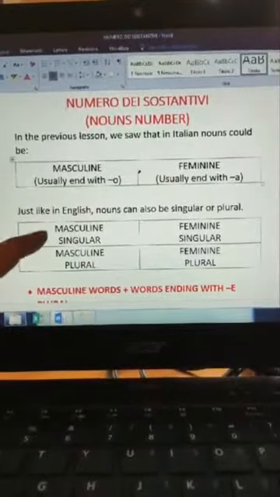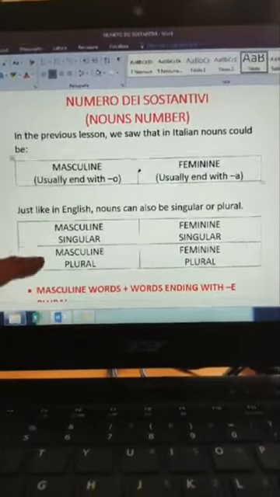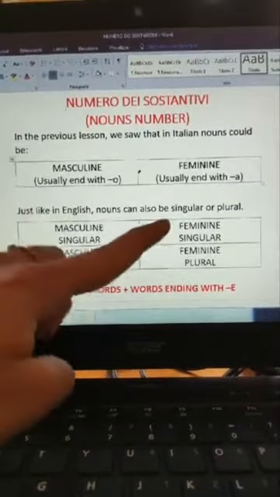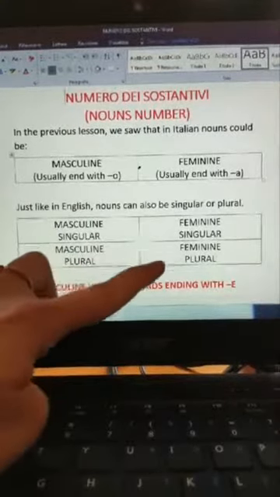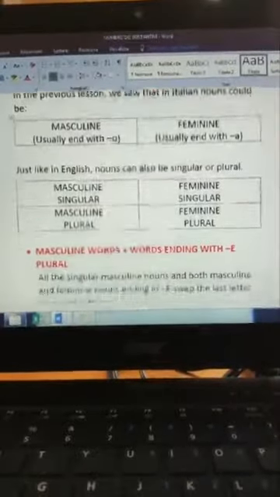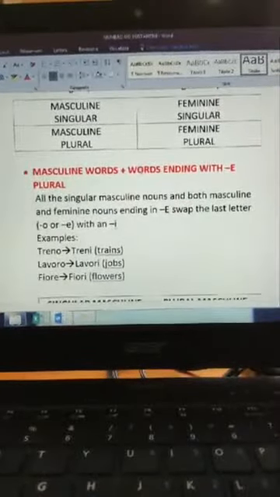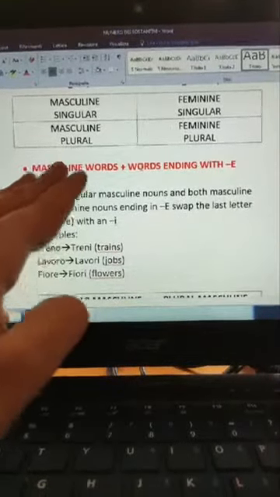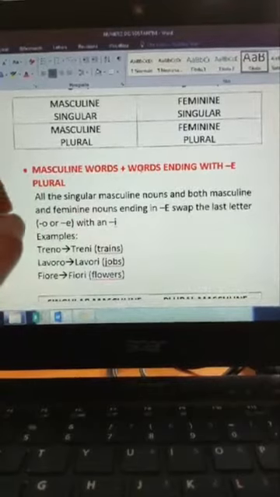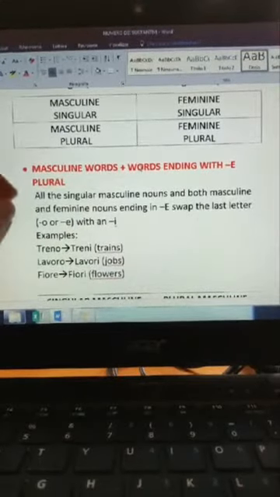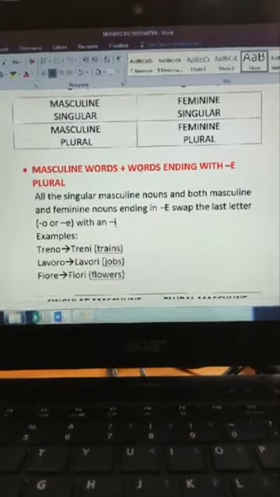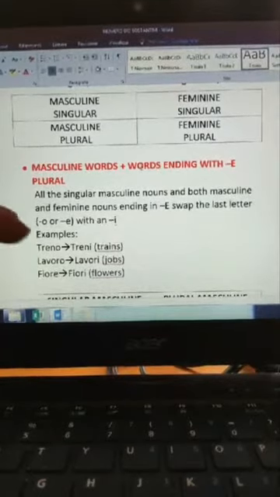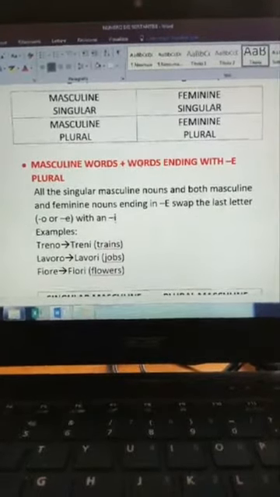So we're going to have masculine singular nouns, masculine plural nouns, and also feminine singular nouns and feminine plural nouns. Now we'll see how to make the plural of all those masculine words that end with the letter O, and also of all those nouns that end with the letter E, both if they're masculine or feminine. It's going to be the same in Italian, okay?